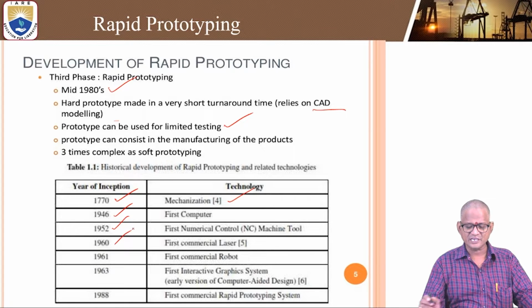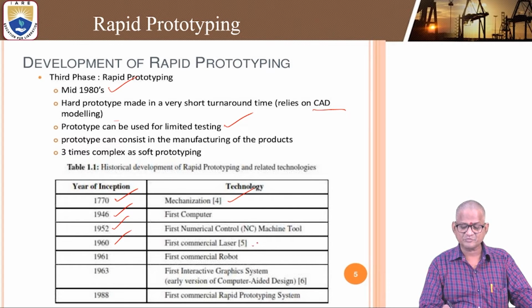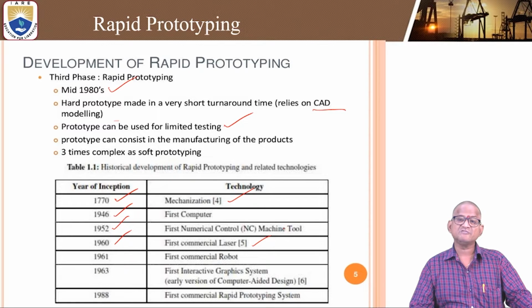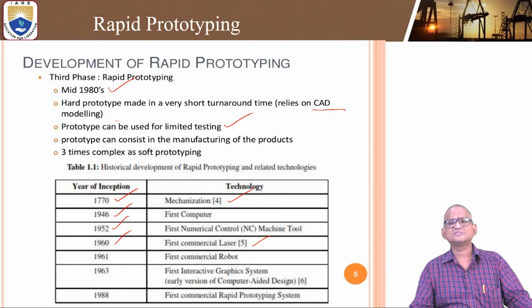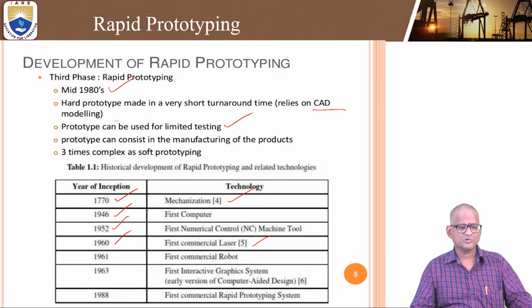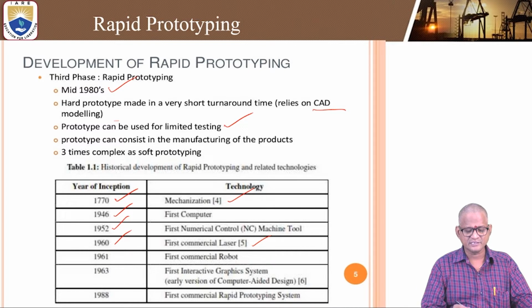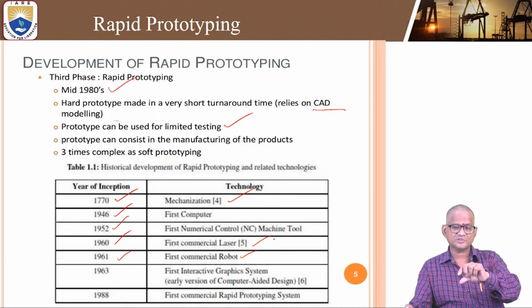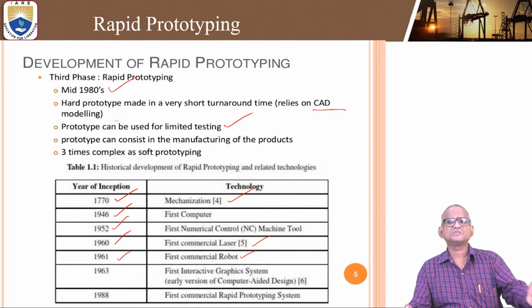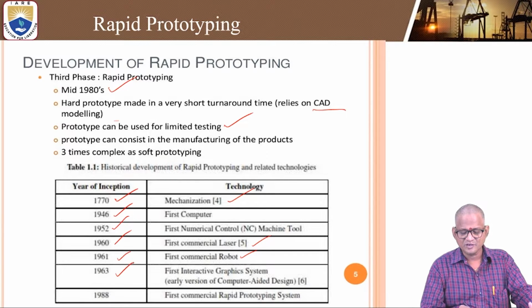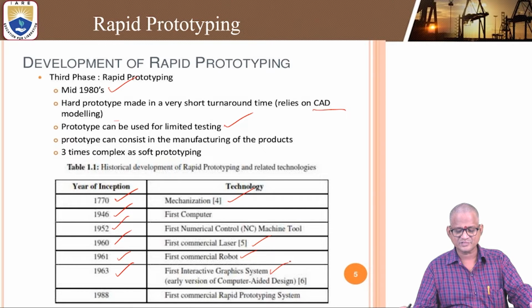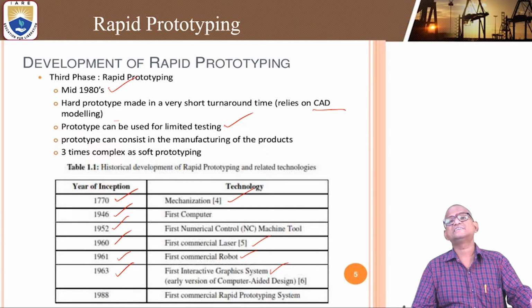In 1960, the first commercial laser was introduced. Even in the 1960s, laser computers had not yet come at that time; only dot matrix jet printers had been introduced, which were not used for high production rates. Again in 1961, the first commercial robot prototype model was introduced, made for showroom purposes. And in 1963, the first interactive graphic system, that is CAD, computer aided design.